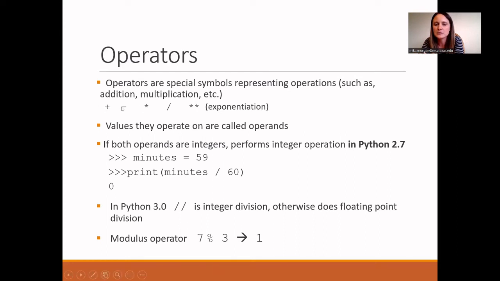You can use some of these different operators, know what addition, subtraction, multiplication, and division are, and the modulus operator. Know that double asterisks means an exponent, and double division signs do integer division.